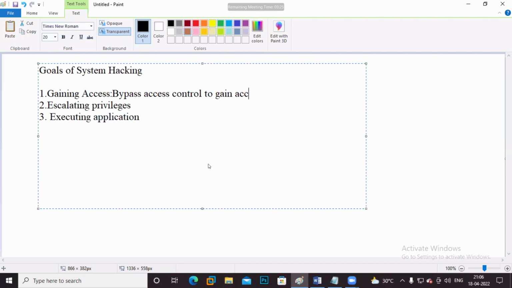Okay, so understand: the first one is gaining access, the second one is escalating privilege, and the third is executing applications.